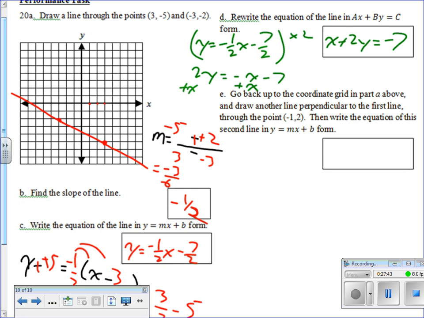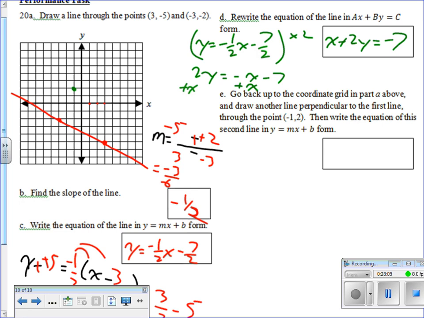Part E. 2 parts to E. Okay. Go back to the coordinate grid. Draw another line perpendicular to this one through the point -1, 2. So -1, 2, that's this point here, perpendicular to that. I would not trust being able to draw a line at a right angle with 1 point.